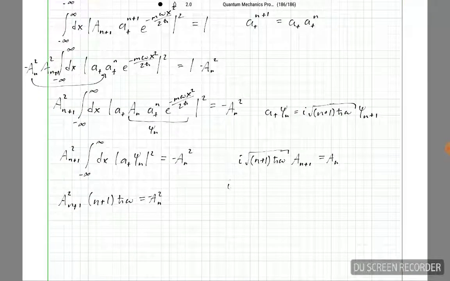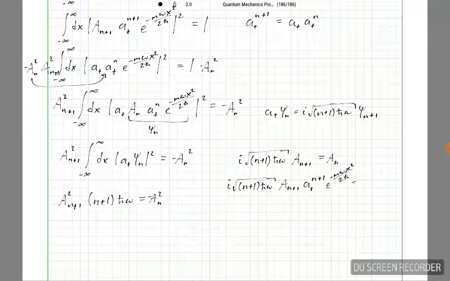So what I'm going to do is multiply both sides by my ladder operator raised to the n plus 1 power, and then that ground state wave function. Whatever I do to one side, I have to do to the other side.